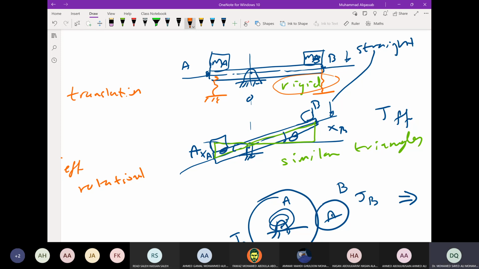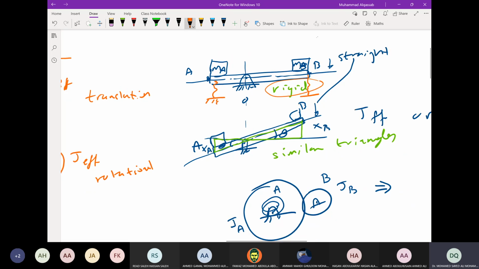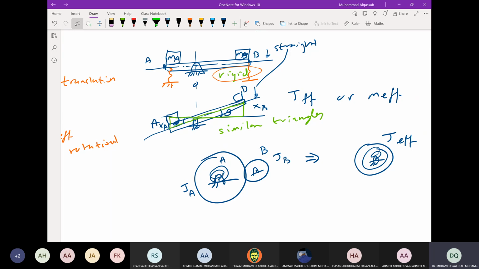The masses A, B, and the bar have related, dependent motions because you can construct similar triangles, and then XB is related to theta.